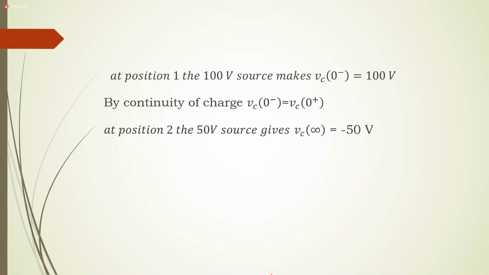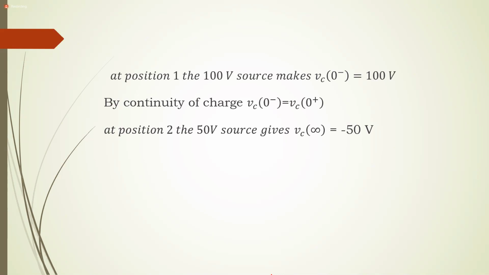So what is B? B is equal to 150. No, sir. How did we define B? B is the new steady state value. Yeah, B is negative 50.